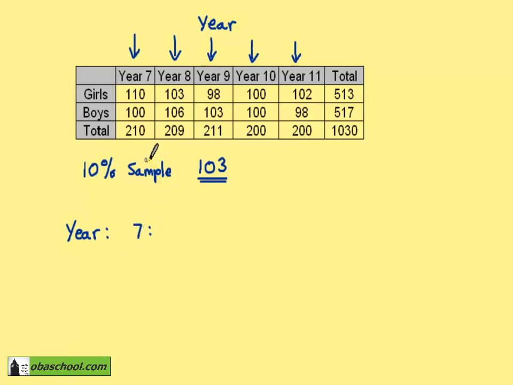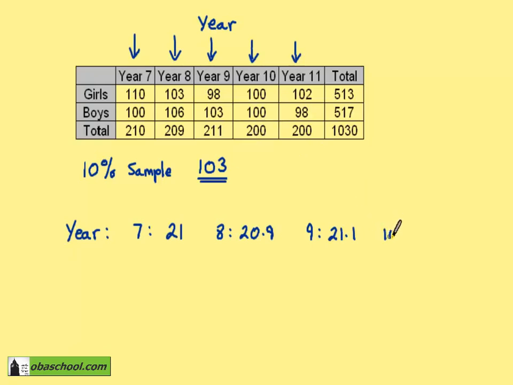If we look at year 7, we have 210 pupils. 10% of this is 21. In year 8, 10% of 209 is 20.9.